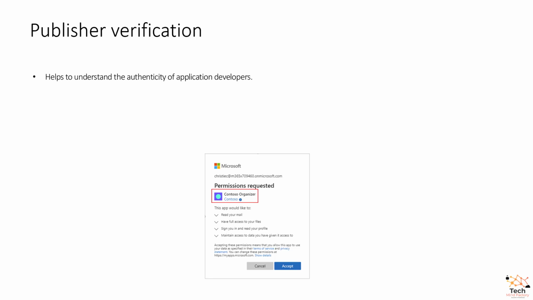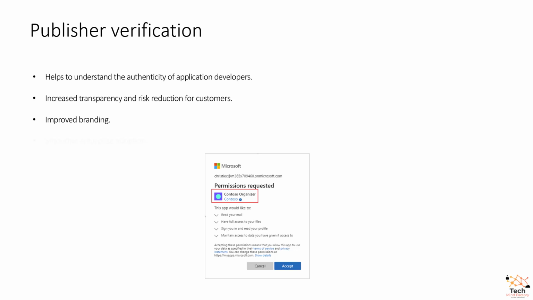The last thing I would like to mention is publisher verification, and it's also related to consents, because it's displayed when consents are presented to the user. Publisher verification helps to understand the authenticity of application developers. It's used to increase transparency and risk reduction for the customers.